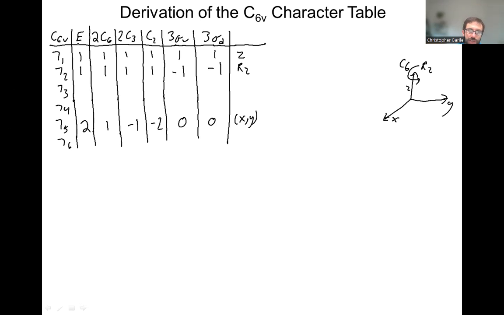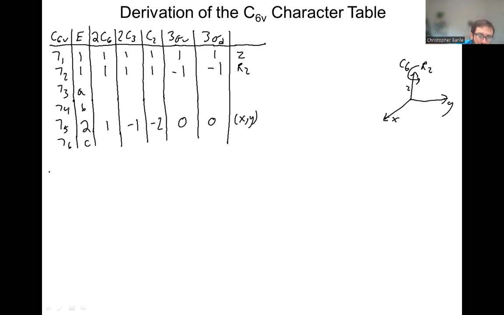So the sum of the squares under the identity class has to be equal to the order of the point group, which is the number of symmetry operations in the point group, in this case 12, right? 1 plus 2 plus 2 plus 1 plus 3 plus 3. That's one of our character table rules; again, see the character table rule video. So we can actually get out these numbers pretty easily. We did this later on, but we could have done it early in the beginning; it doesn't really matter.